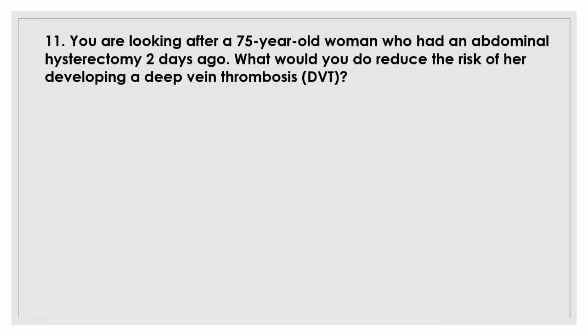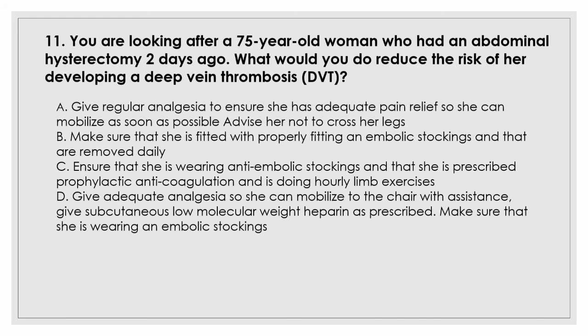Question number 11. We are looking after a 75-year-old woman who had an abdominal hysterectomy 2 days ago. What would you do to reduce the risk of her developing a deep vein thrombosis? A. Give regular analgesia to ensure she has adequate pain relief so she can mobilize as soon as possible. Advise her not to cross her legs.